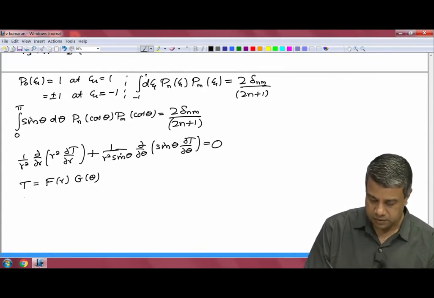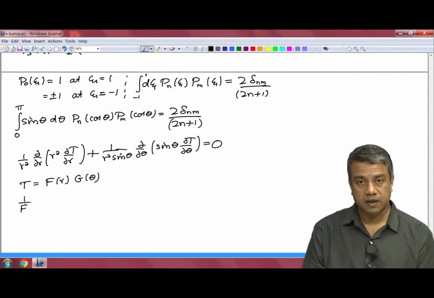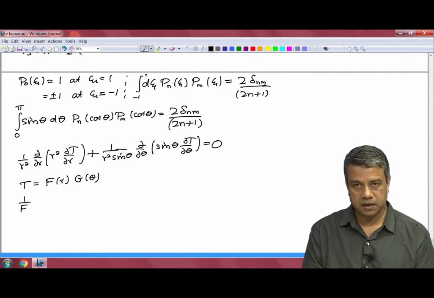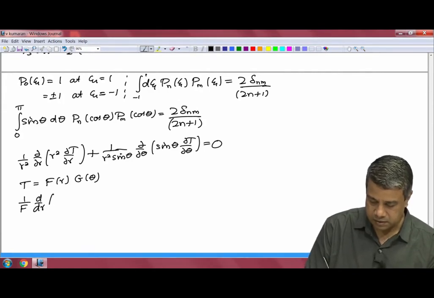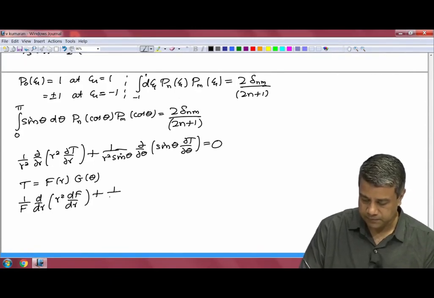Then we multiplied the equation by r square divided by f times g, giving 1 by f d by dr of r square df by dr plus 1 by g sine theta, and so on.